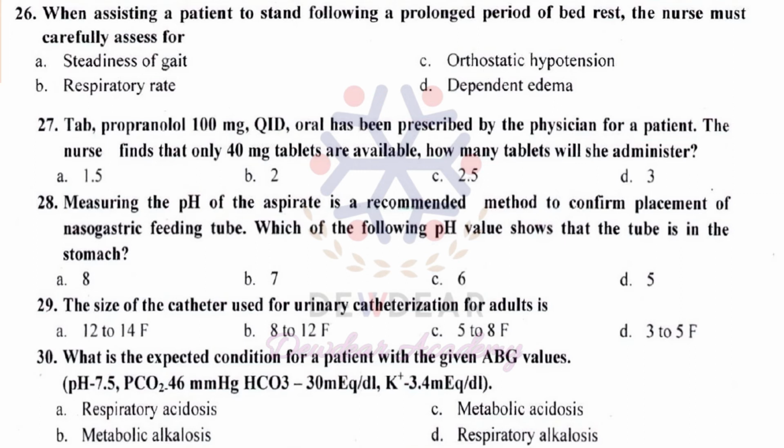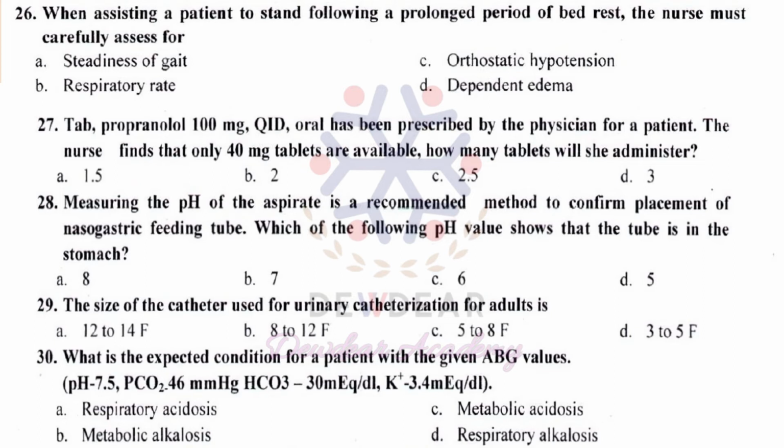Then question number 26. When assisting a patient to stand following a prolonged period of bed rest, the nurse must carefully assess for. Options: A, steadiness of gait; B, respiratory rate; C, orthostatic hypotension; D, dependent edema.